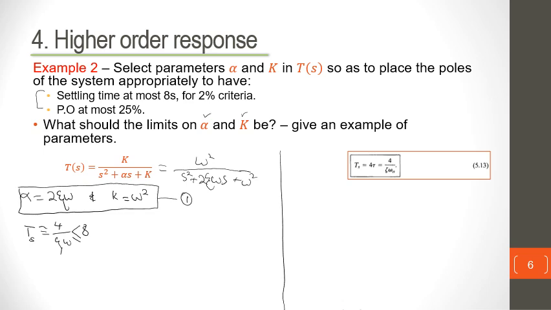So we don't want the settling time to be beyond 8 seconds.